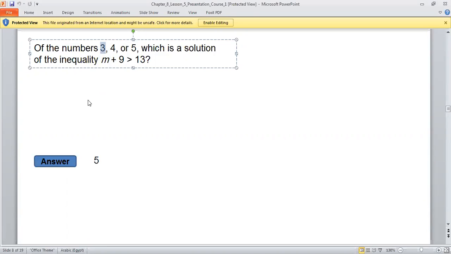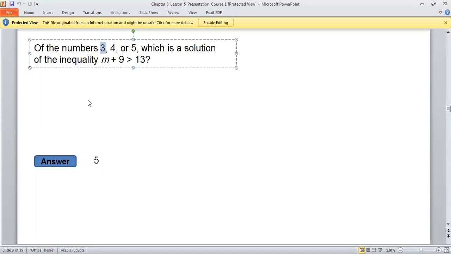Is 12 greater than 13? No. So 12 is not greater than 13, right? So this one is wrong.